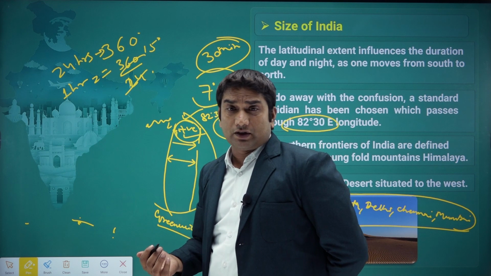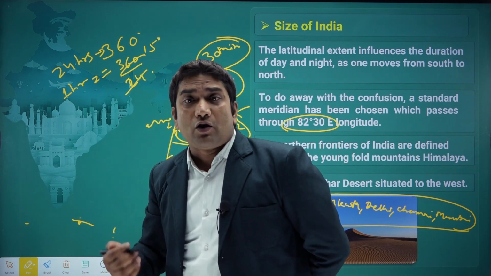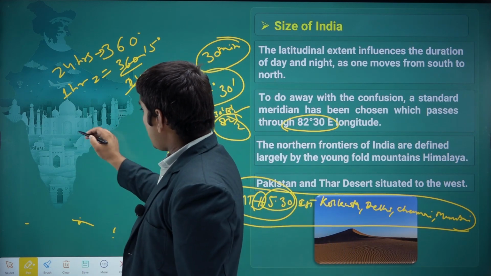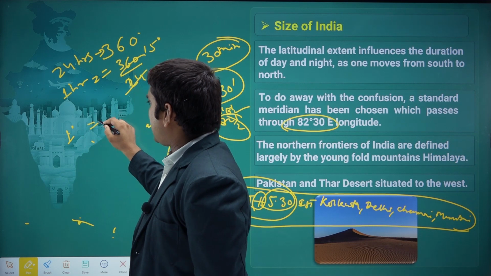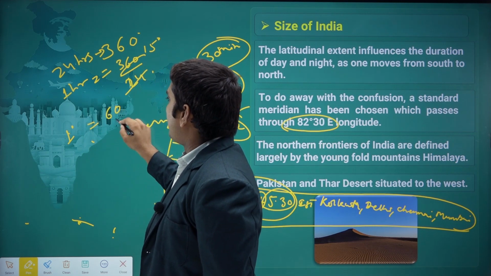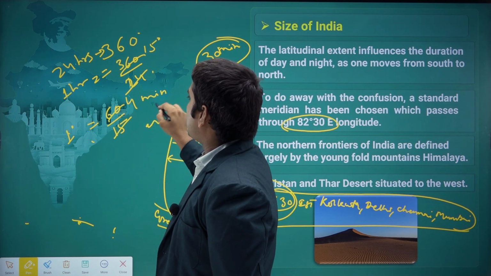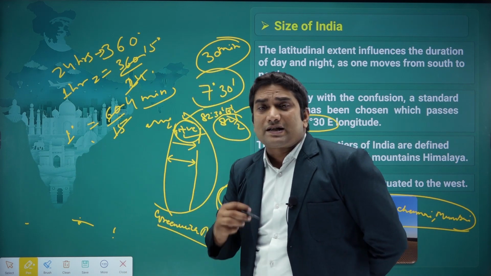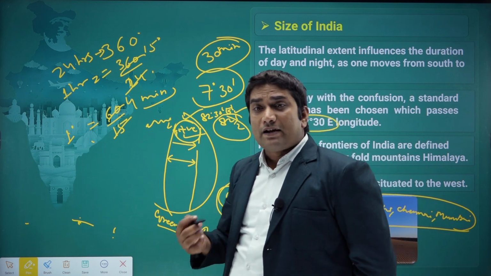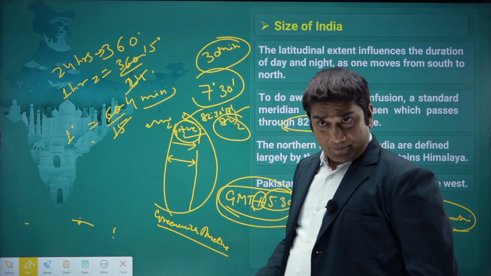Now how much time will the Earth take to cover 1 longitude? In 1 hour it covers 15 degree, so for 1 degree, we can say 60 upon 15, which is 4 minutes. So 1 degree longitude is covered by Earth in 4 minutes. How much time will be taken by the Earth to cover 82 and half longitudes?